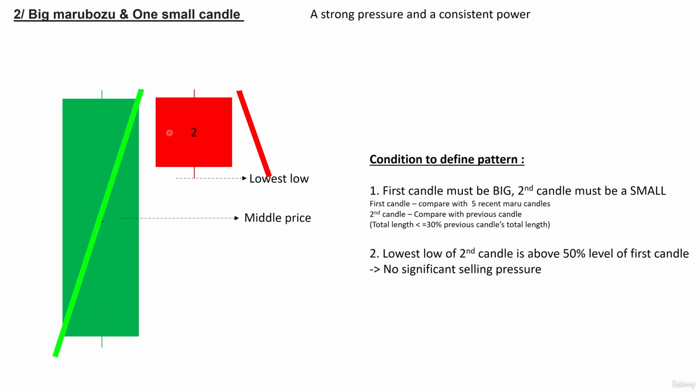Everything in the standards right here is just to confirm that after 2 candles we can see a strong pressure and consistency power, and even though we have reversal power inside the second candle, that is a very small power and we can skip it. And that is the total for the second case right over here. And here is also one of the very difficult cases when you're trying to define the market structure. So I will give you an example to help you understand it more easily.